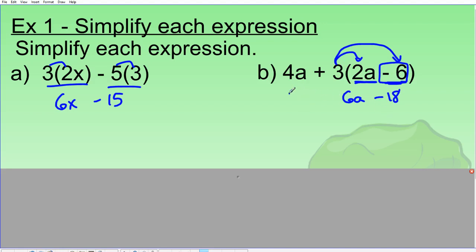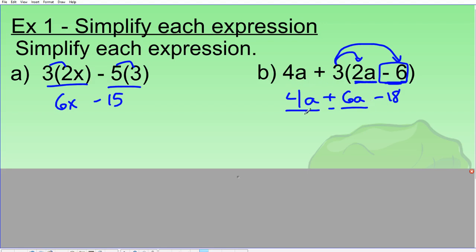And write down the rest of the problem. So there's my 4a from here, and my symbol here. Well, 3 times 2, this is a positive 3 and a positive 2, gives me a positive 6. So I've distributed. That's what this first step was. I multiplied this outside number by the inside numbers. Now I look here and I see I've got a 4a plus a 6a. I can combine those a's together.